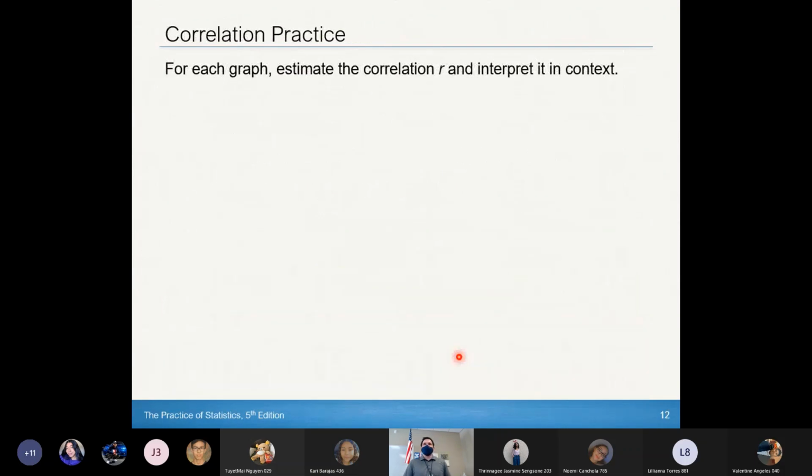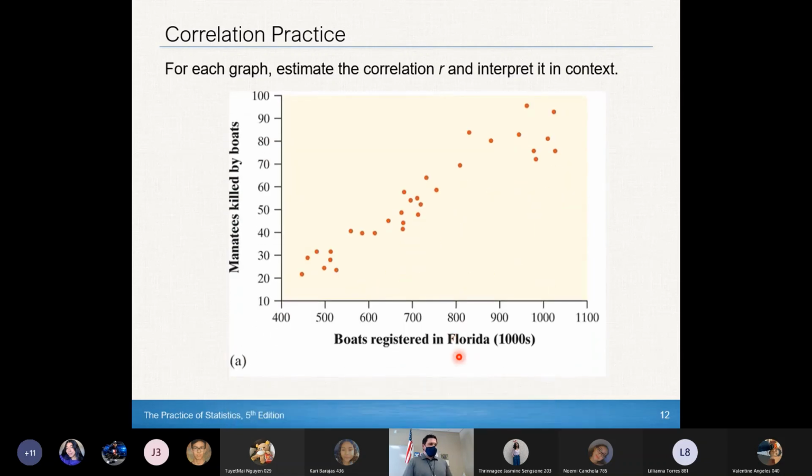So we'll see some examples here. A few different graphs. For each graph, we're going to estimate the correlation R and interpret it in context. On our first one here, we have boats registered in Florida versus manatees killed by boats. This has a positive association, is relatively strong, and is pretty linear, right?